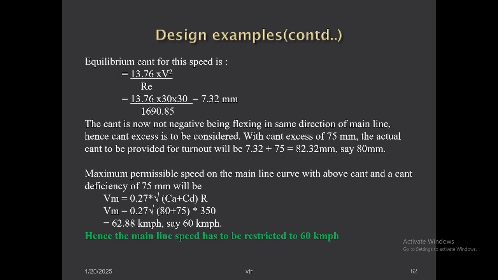In that case, we are availing the cant excess for the superelevation required for the turnout, fixing the actual cant, and then working out the maximum permissible speed on the curve availing the cant deficiency, that is, the actual cant plus cant deficiency. Using the relation, we find the maximum permissible speed on the main line curve, and this is the speed permitted on the curve. When the section speed is more than this, we have to restrict to 60 kmph. This is about this problem.